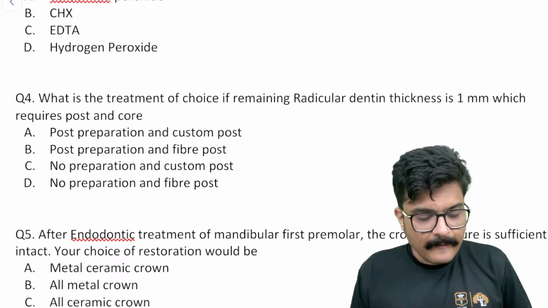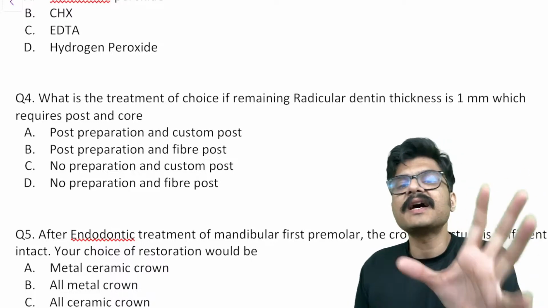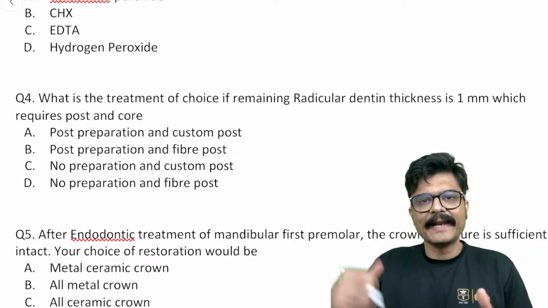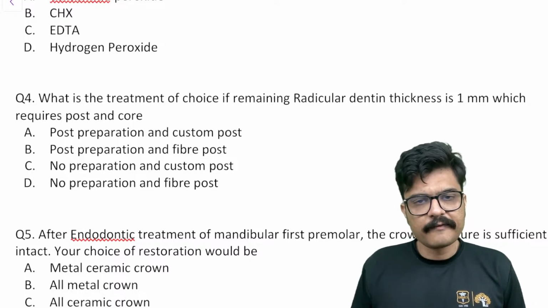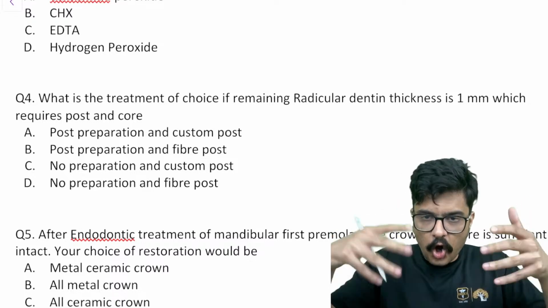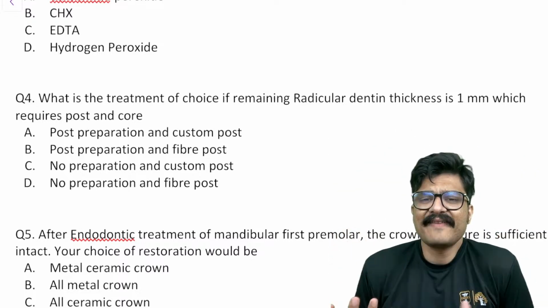So here, the main important thing that is driving us towards the correct answer is that now I cannot afford more filing and more preparation of my root canal and my coronal tooth structure from inside the hollowness of my root canal. Why? Because my surrounding walls are already very thin.